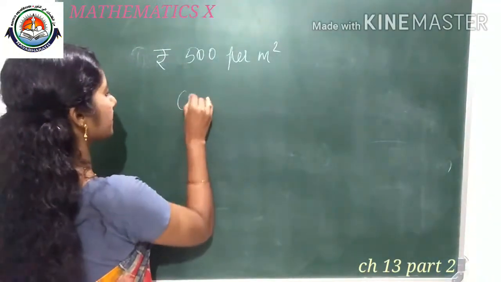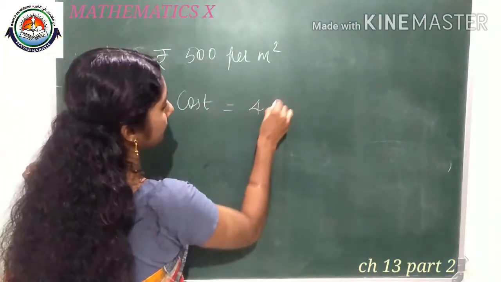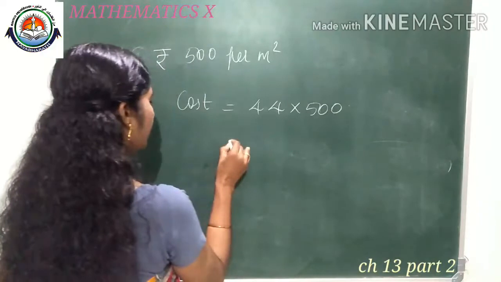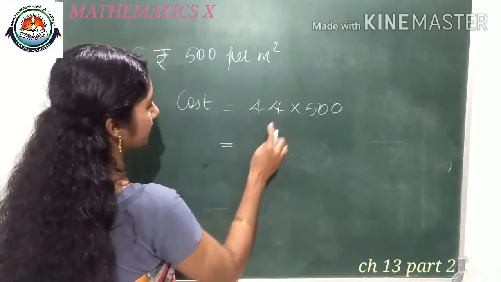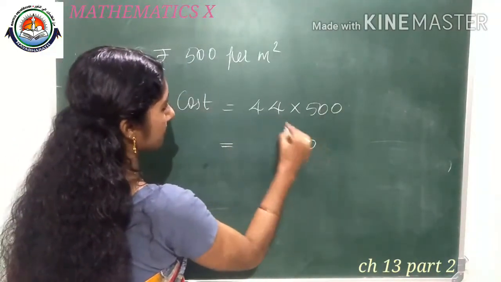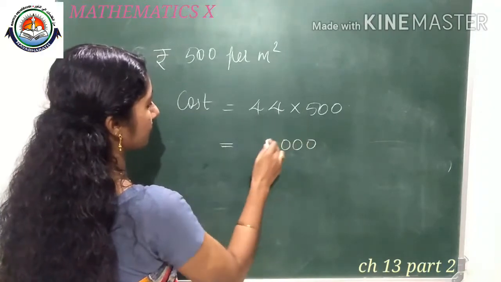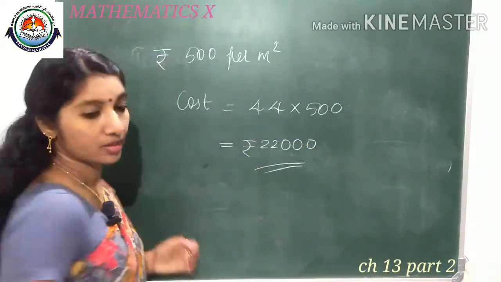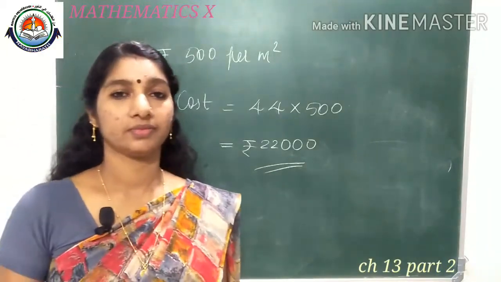So the cost is equal to 44 into 500 rupees. So it is equal to 44 into 500, 0, 0, 4 fives are 20, 22,000. So we are getting 22,000 rupees is the cost for the canvas.